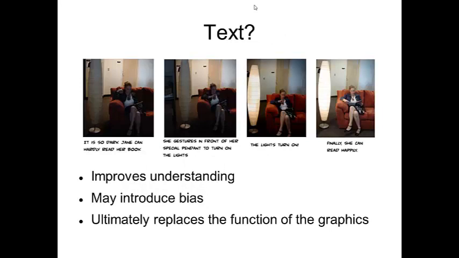Text. Well, we can provide just a picture storyboard at the top, or we can have a text description as well. They found that, unsurprisingly, it improves understanding, but text potentially has lots of bias. If you know about the idea of leading questions, you can ask a question or make a statement that, because of the way the words are put together, makes people think in a particular way.